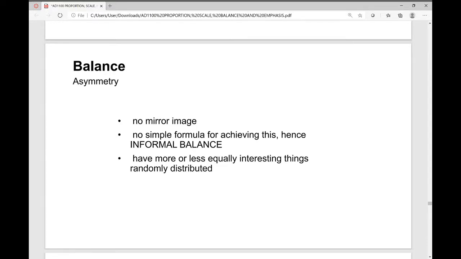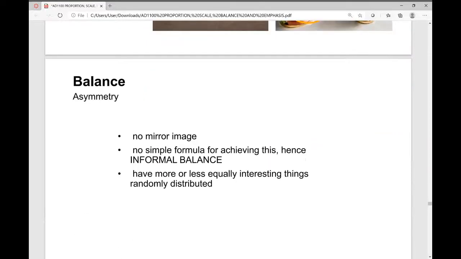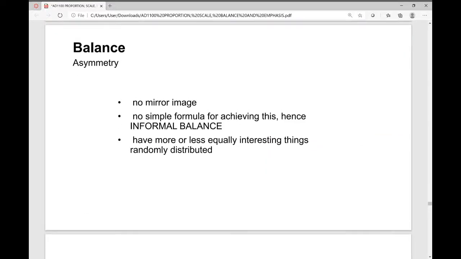You have more or less equally interesting things randomly distributed, for example, like this. So it's actually a challenge to create asymmetrical balance, but it is one way to achieve a composition that is very interesting, that is driven to catch your attention.